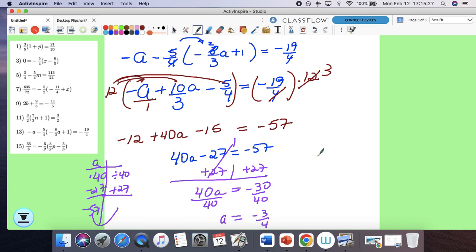Now comes the not so cool part. Let's substitute. So here's my expression, negative a. I'm going to take the a out and replace it with negative 3/4.